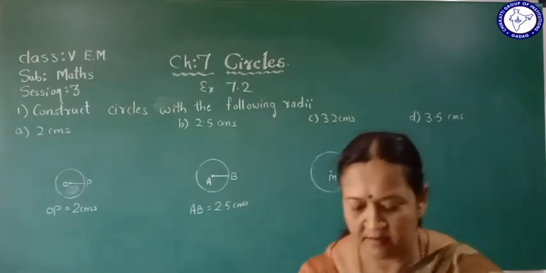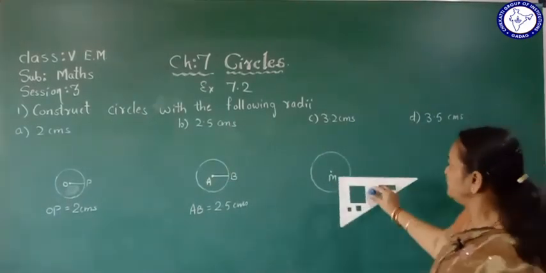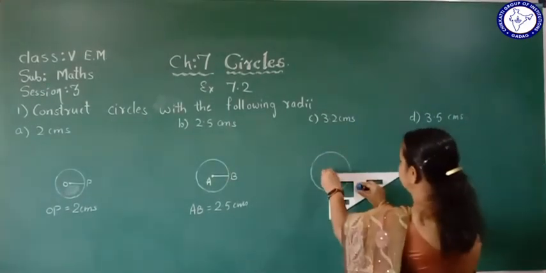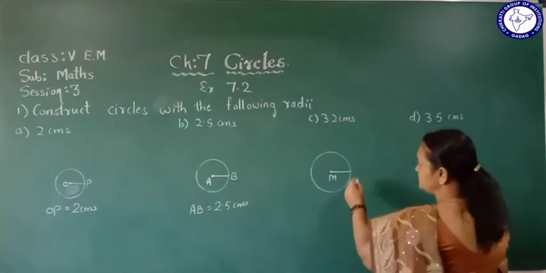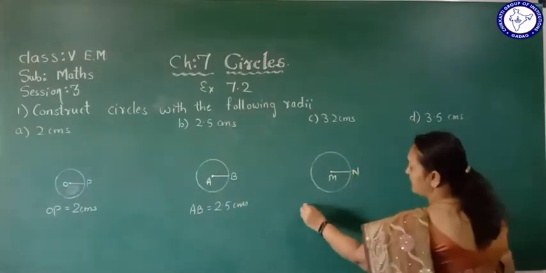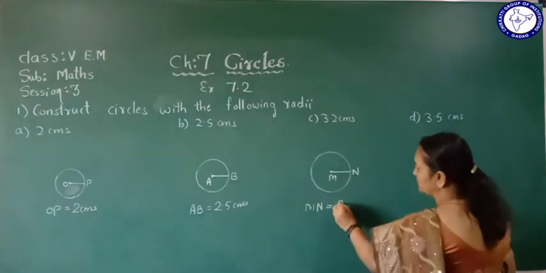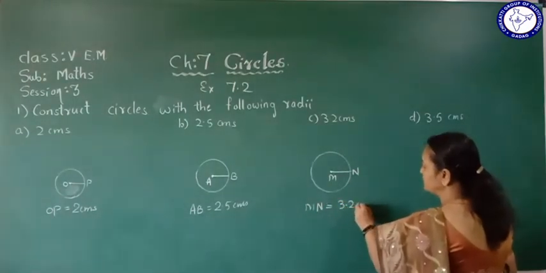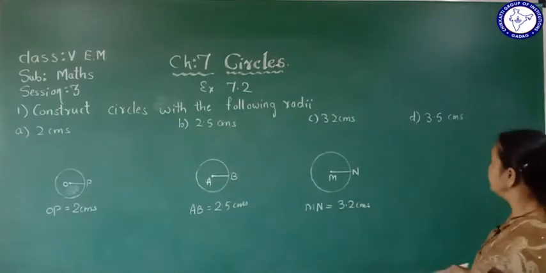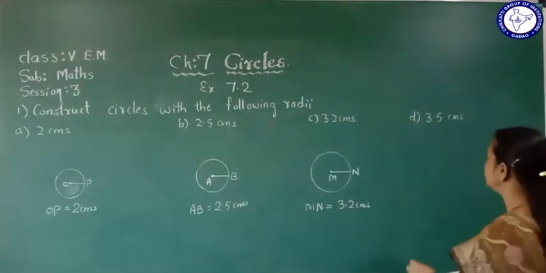Again join this, mark here N. MN is equal to 3.2 centimeters.